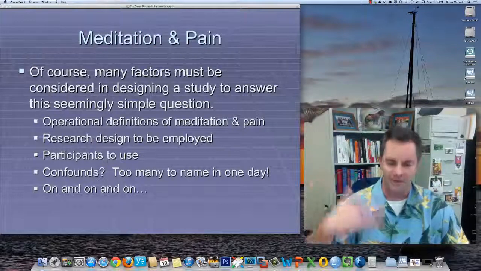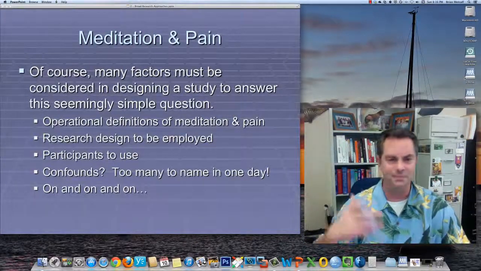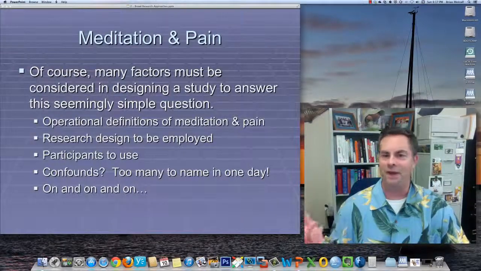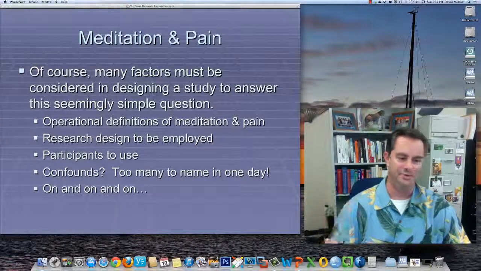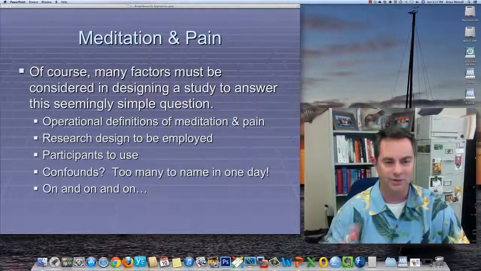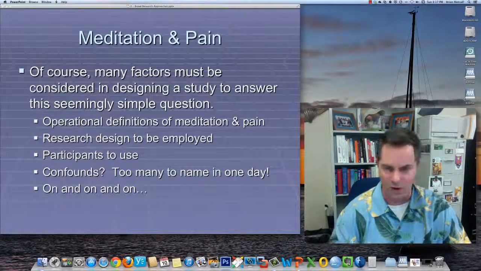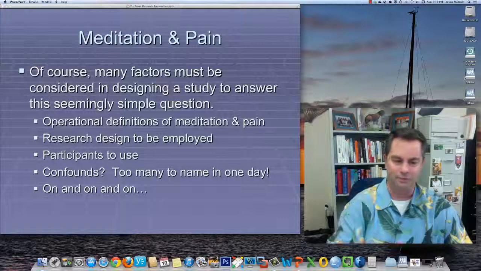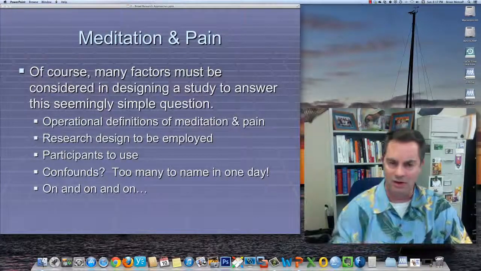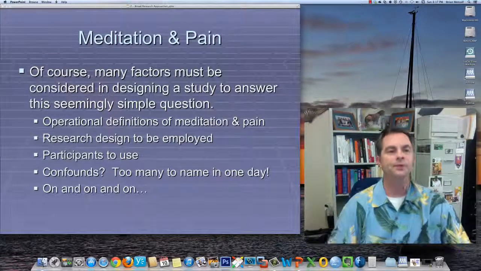All of these things, again, need to be very clearly defined. So again, let's flash forward and assume that we have some well-defined population of pain sufferers who have had it for a long time, not just because they've recently broken a bone or had some kind of recent, fairly temporary injury, but more of a chronic nature. And we've defined what we mean by meditation, what type of meditation, how long, how many times it's conducted, and so on. Okay.